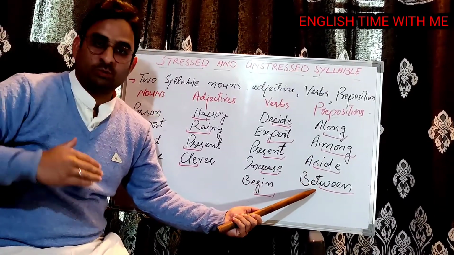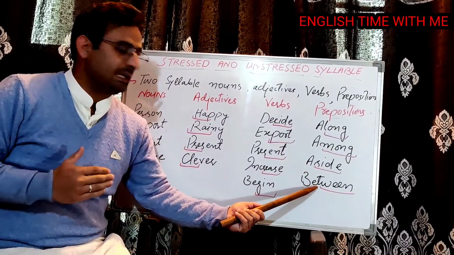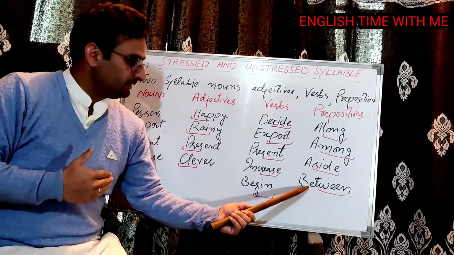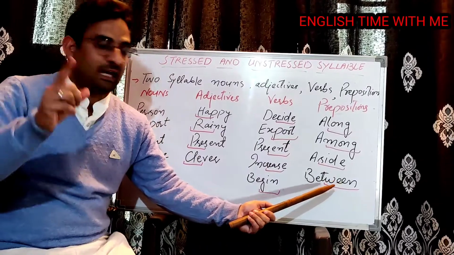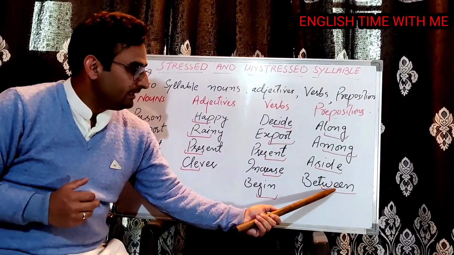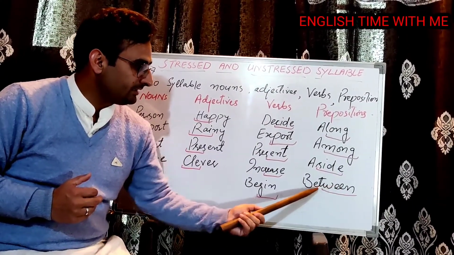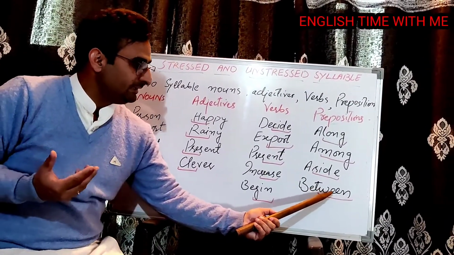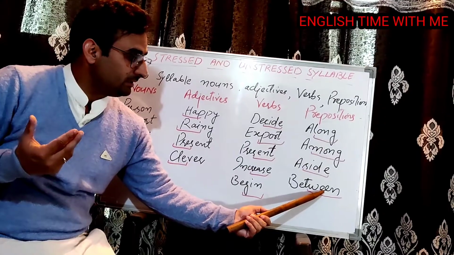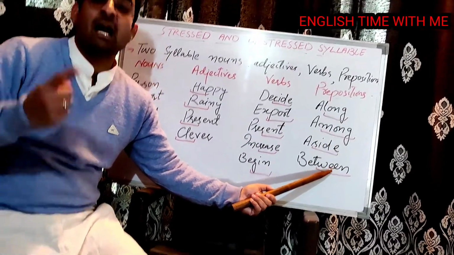Aside, then between. You can't pronounce it as BEtween. No, the first syllable is not stressed here. The second syllable is stressed. Now look here. There are three vowels, but only two are pronounced. In 'tween', there is a double E, but the sound is one.